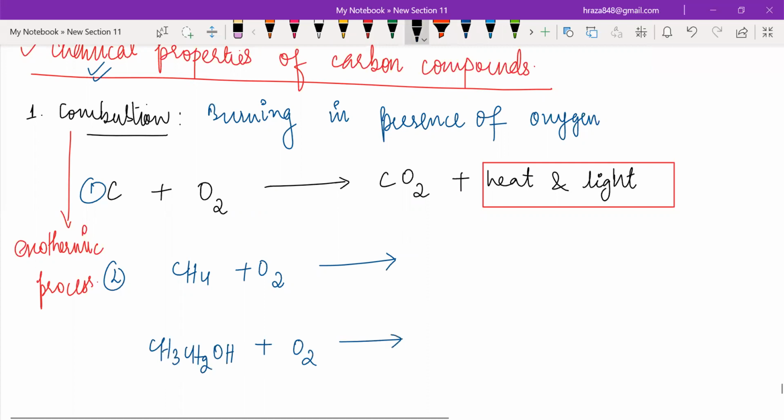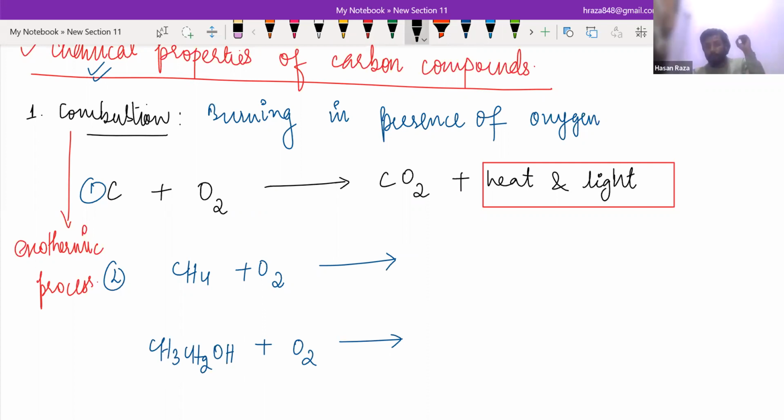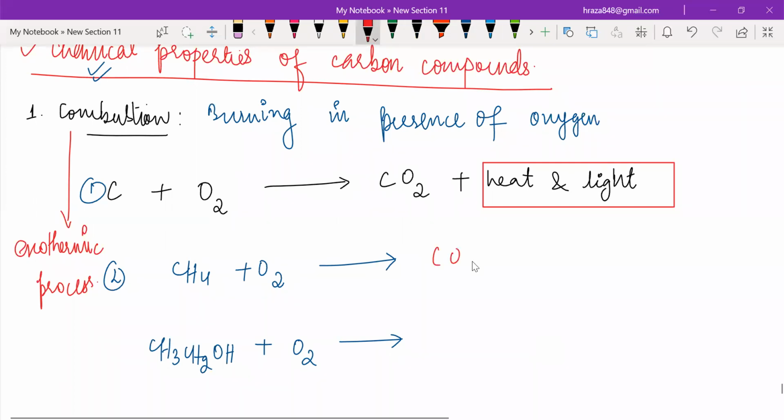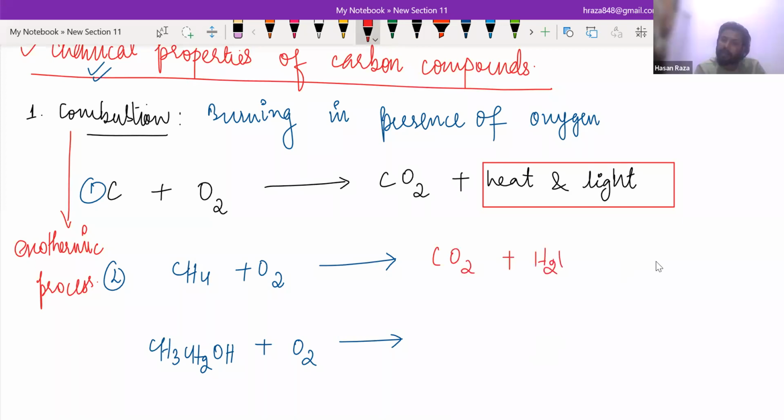Whenever you are going to burn or react a hydrocarbon with oxygen, or you can say whenever you do combustion of a hydrocarbon, the product will be fixed. You will get carbon dioxide plus water along with heat and light. That represents it is an exothermic process. Are you getting my point?